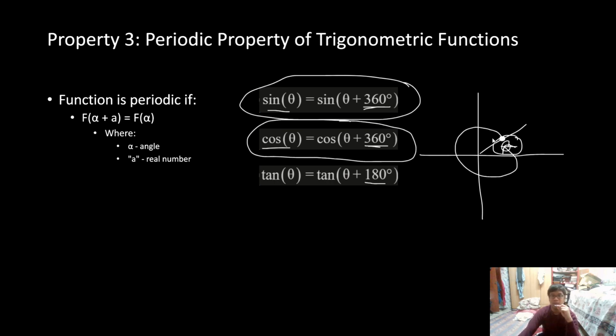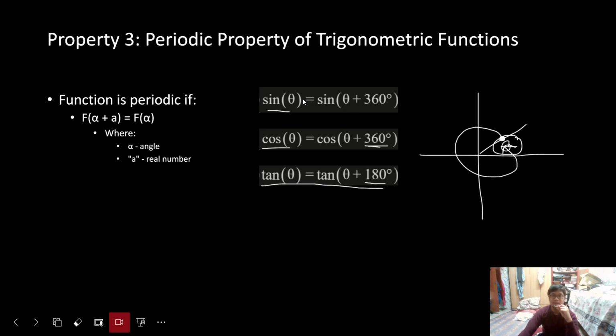So that's basically how we get the periodic property, because even if we get its coterminal angle, the answer would be the same. The value here initially would be the same value as in this place. See, that's it. But why in this case 180 degrees?